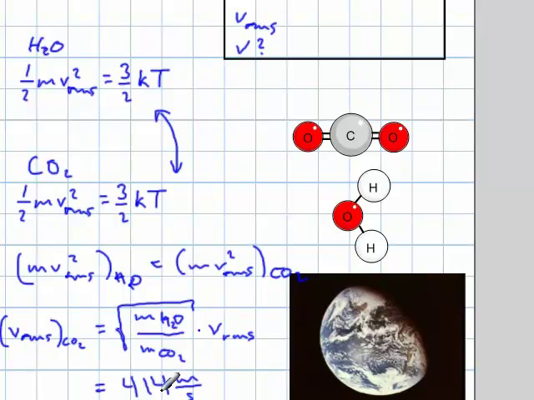That 2,000 meters per second for the root mean square velocity of hydrogen molecules in our atmosphere is large enough that in the past there were enough molecules at a faster speed that they actually escaped Earth, and given enough time, pretty much all of them escaped. And that's why we don't find light gases like hydrogen and helium in our own atmosphere: with their little mass, their root mean square velocity was just too large, and they were able to escape Earth.